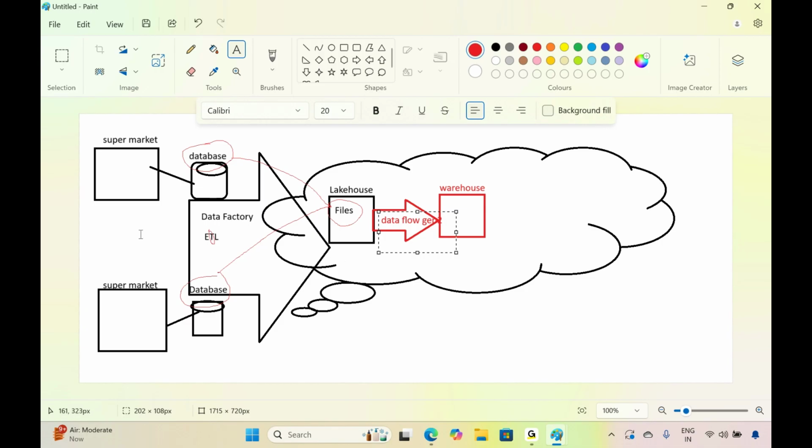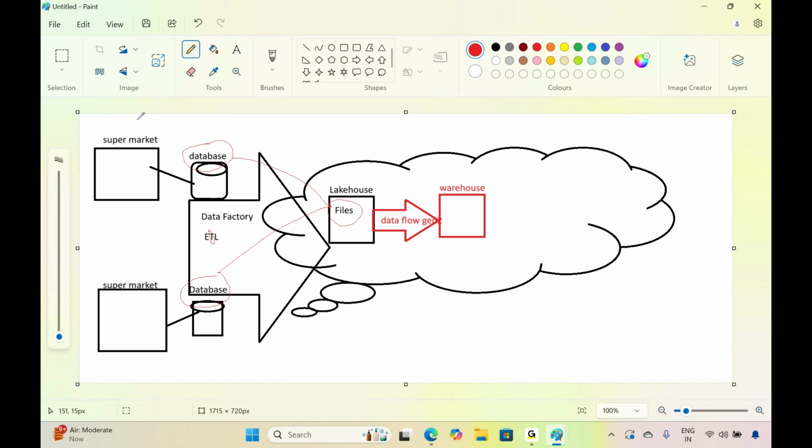I think when I was starting drawing this image, you can see in a pictorial representation, I have one supermarket, I have another supermarket. In both supermarkets, when a customer buys a product, that data will come and be stored in the backend databases over here.